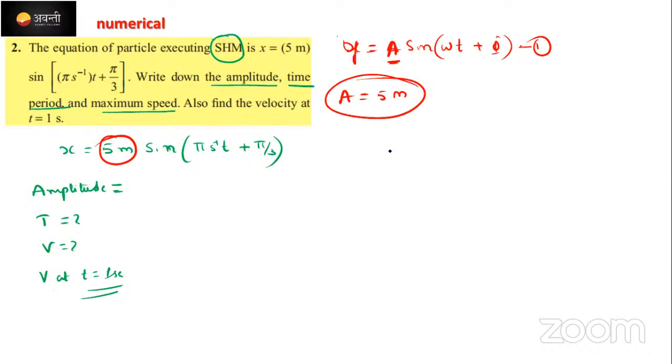How are we going to calculate the time period? Time period is equal to 2 pi by omega. Of course, 2 pi is a constant quantity, no need to calculate anything. What about omega?